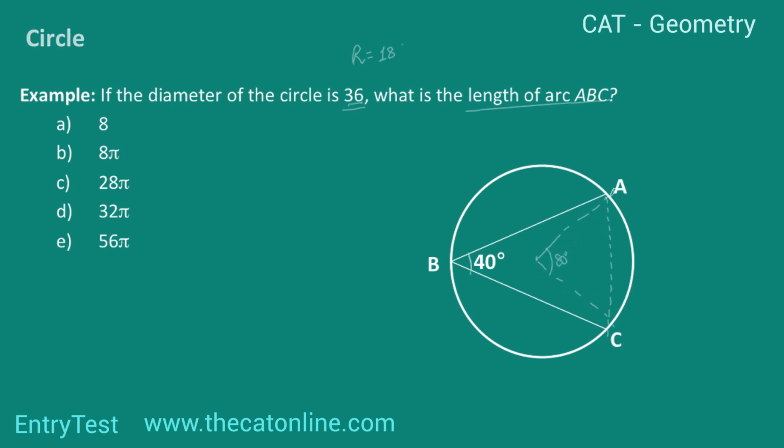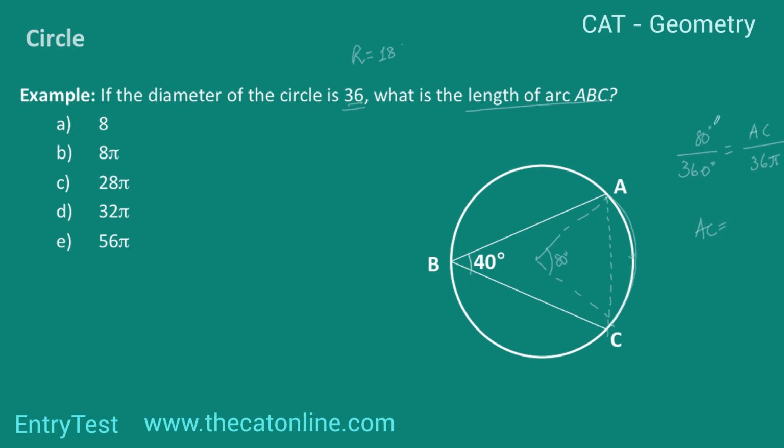So I would understand that the length of AC I can find out with respect to the total. So if I talk about this, this is 80 over 360 is equal to the length of AC over 2 pi r or pi d. I would say pi d is 36 pi. So I would find out here the length of AC. I should say this one, the smaller length I would get.